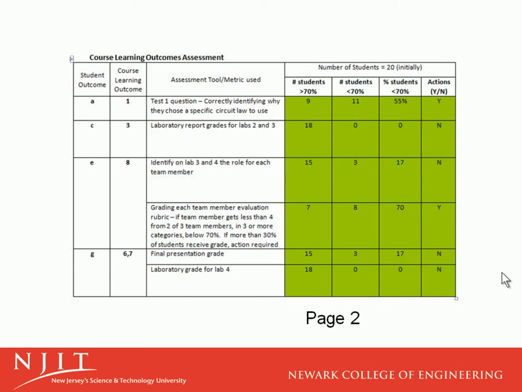And if there were greater than 30% below a score of 70%, then it requires actions. If you looked at the first student outcome and course learning outcome, there were only 9 students that were greater than 70%. 11 were below. And this is for a specific test question, not the test. That means there needs to be some action.